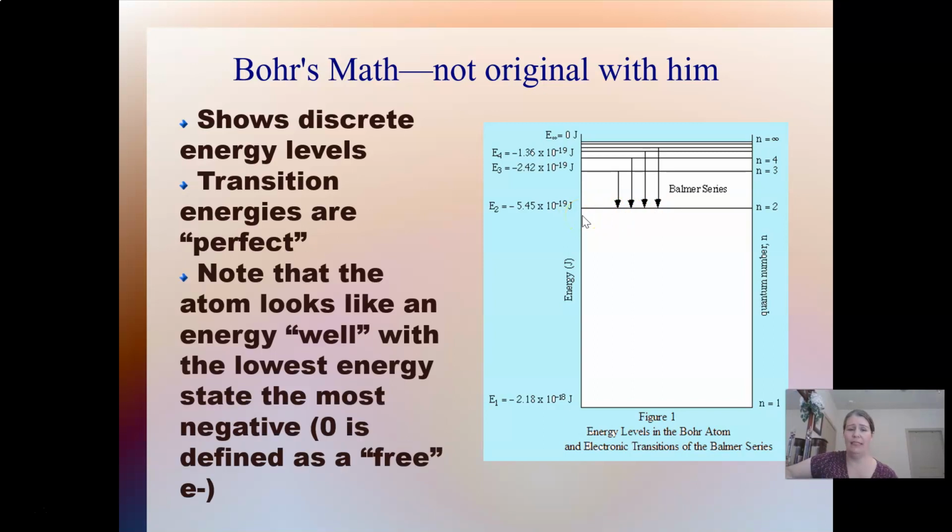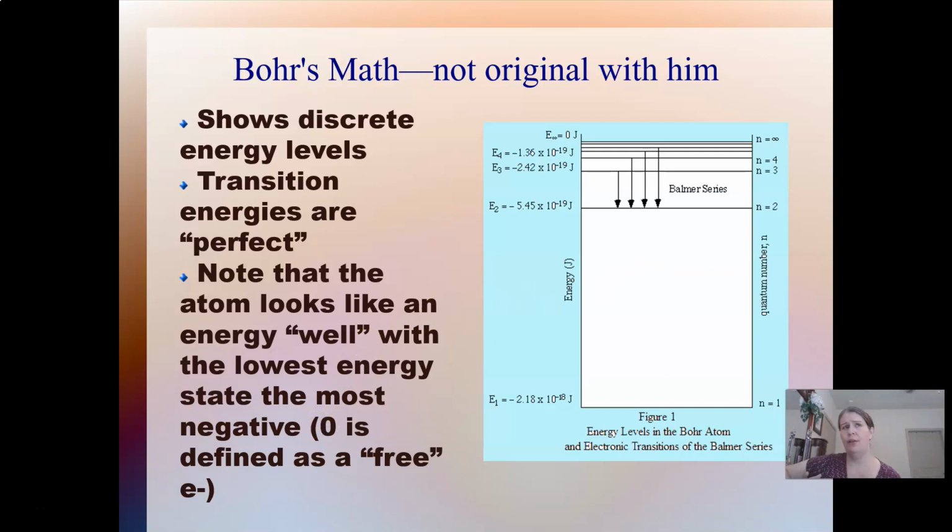The atom kind of looks like an energy well. The lowest energy state is the most negative, and then it gets less negative as you go up. This is because Bohr defines 0 as a free electron floating in space with no attraction to the nucleus.